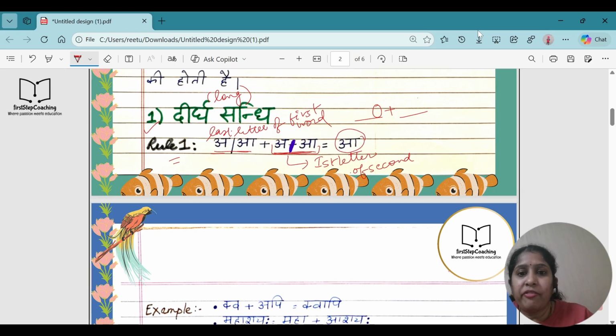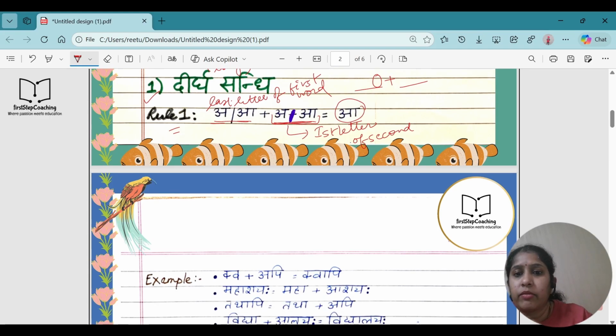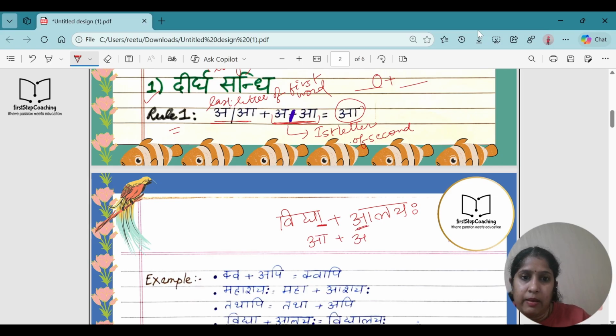If we take our most common example, like Vidya and Alaya. These are the two words. If you do the Varn Vichhed, the first word is ending with a, and the second word is starting with a.